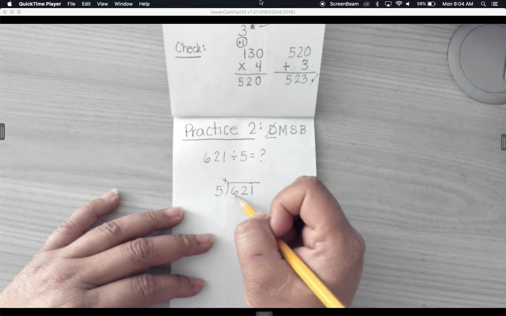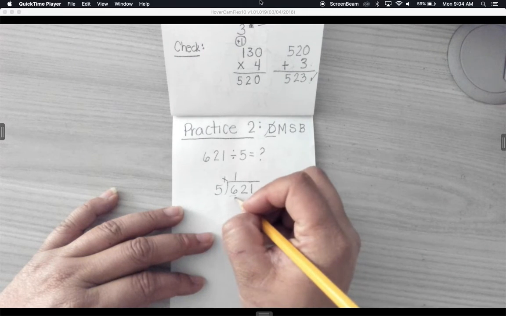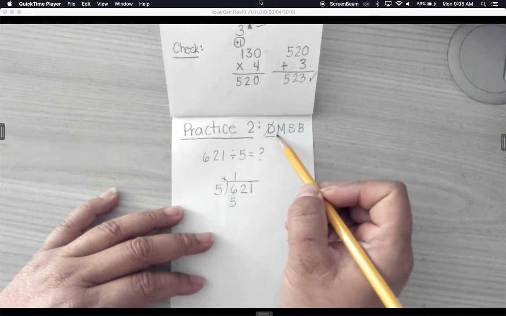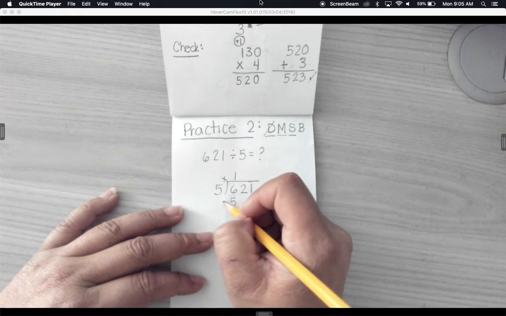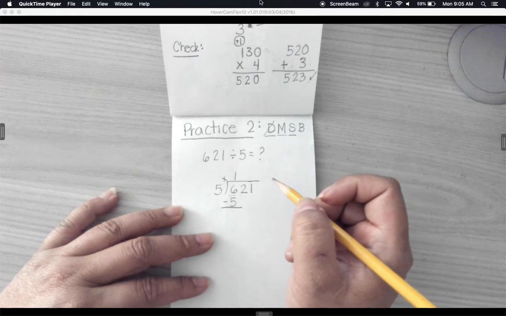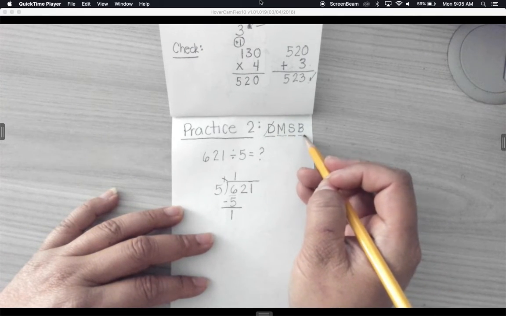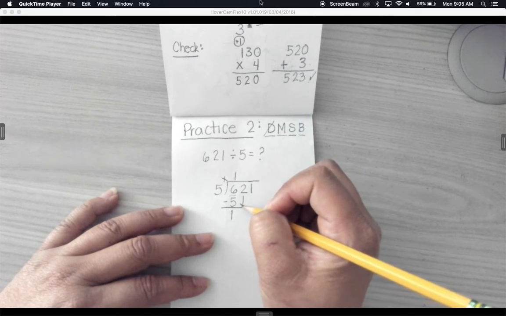Okay, so 5 times 1 gives me 5. And now, sister tells me I need to subtract. 6 minus 5 is 1. And now, brother tells me I need to bring down the 2.